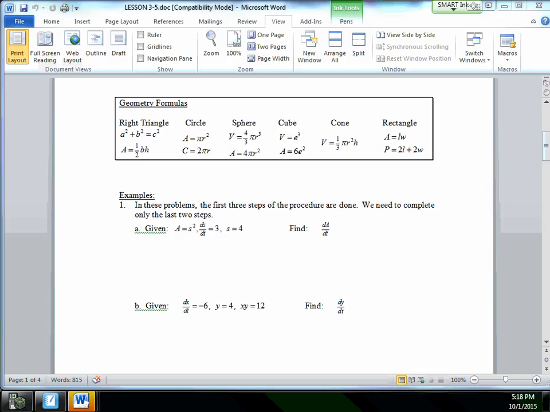Okay, B. We need to differentiate xy equals 12. And if you notice, it gives us dx/dt and says find dy/dt. Product rule. The derivative of x is dx/dt, leave y alone, plus, now take the derivative, leave x alone, take the derivative of y, equals 0.